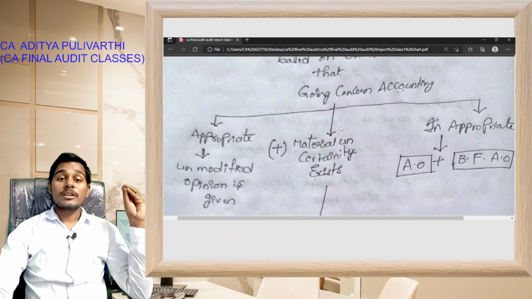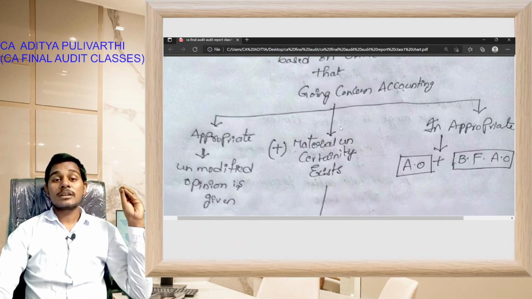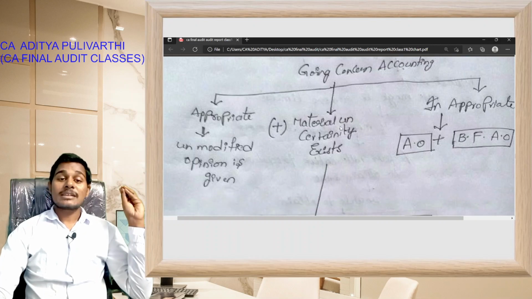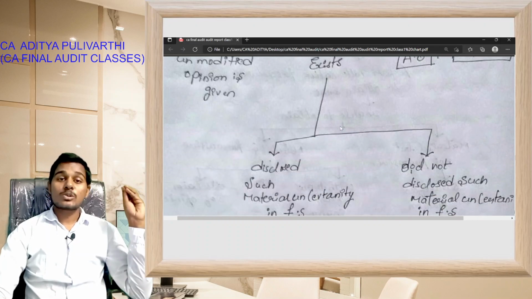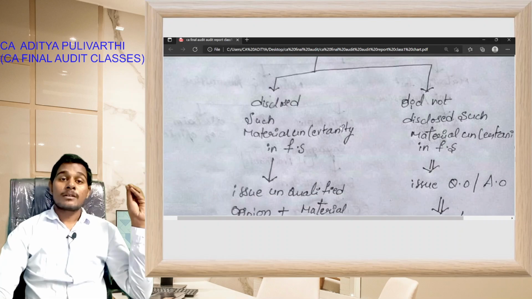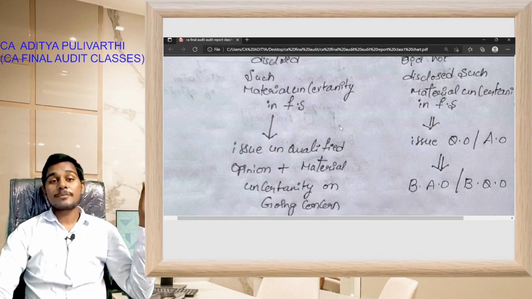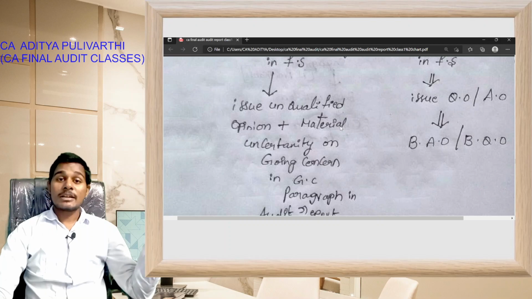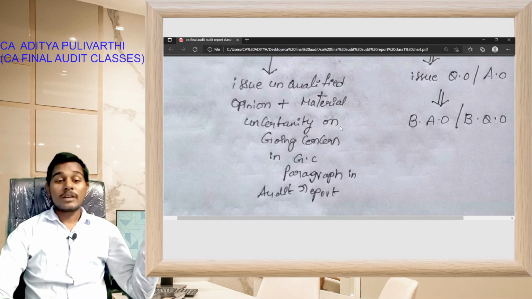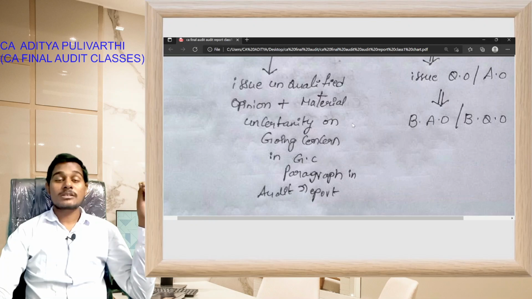But when the auditor concludes, based on sufficient and appropriate audit evidence, that a material uncertainty relating to going concern exists and it is disclosed in the financial statements, then the auditor will issue an unmodified opinion, and a material uncertainty relating to going concern paragraph is provided in the auditor's report below the basis for qualified opinion, adverse opinion or disclaimer of opinion paragraph.